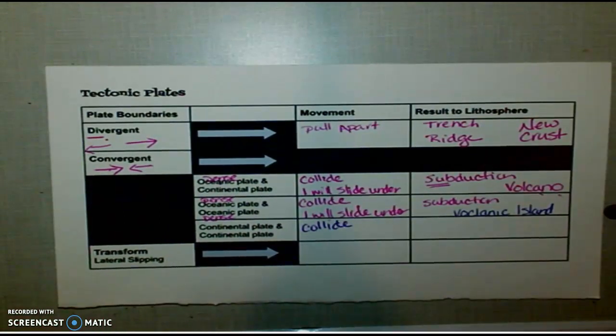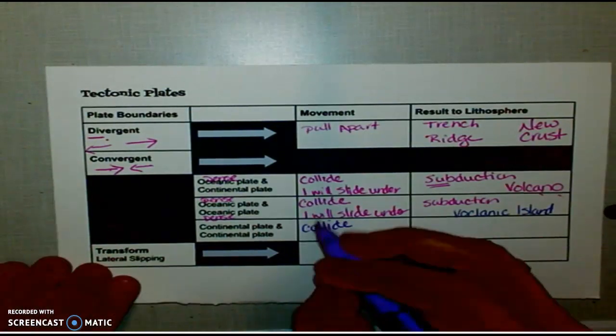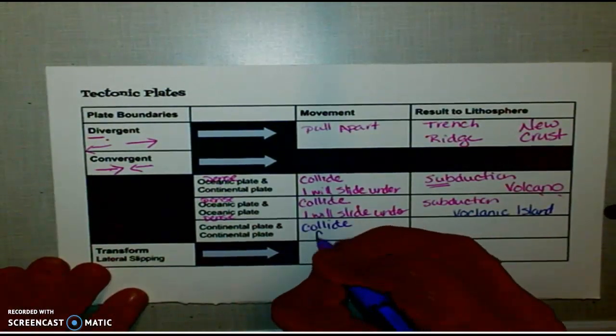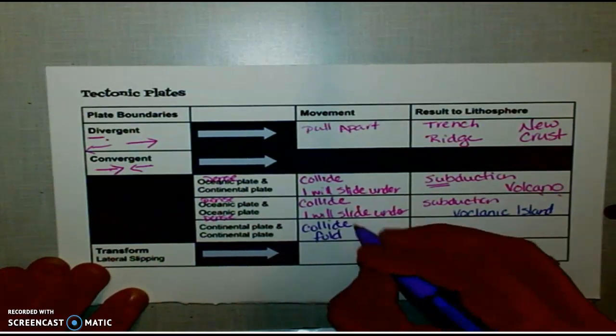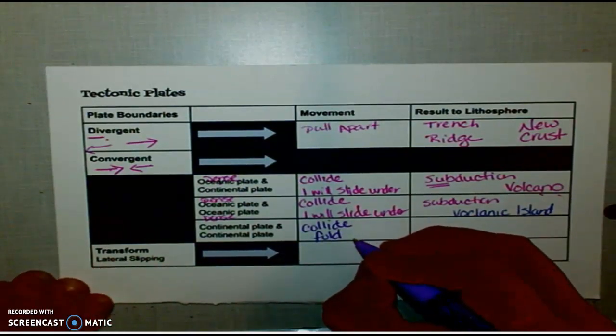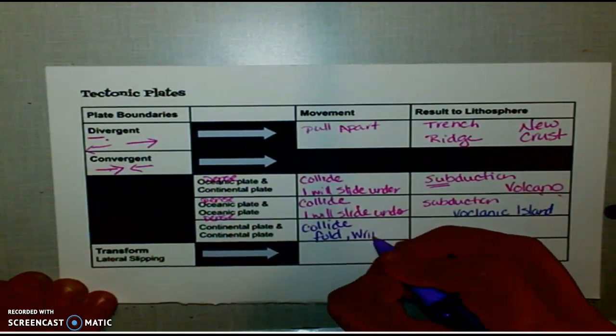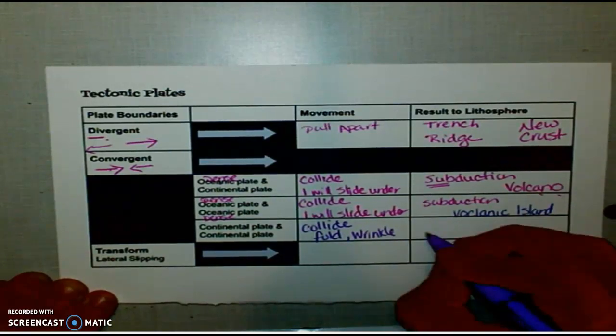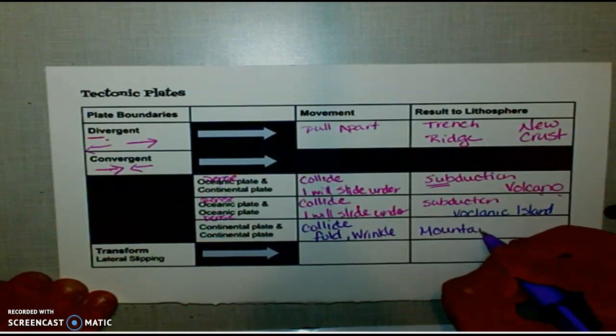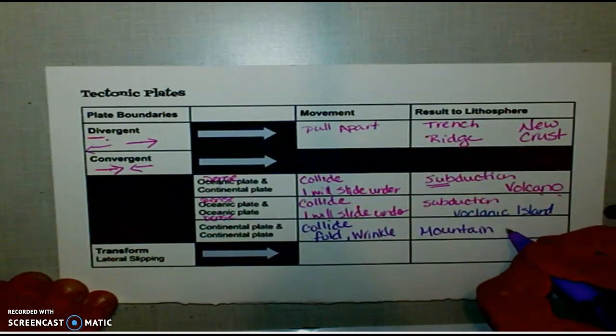They're just going to hit each other and then begin to crumple, and they're going to fold. It's going to make a lot of folds and push at each other. They crumple, fold, make wrinkles, as they call them. And what this actually creates is a mountain chain or mountain range.